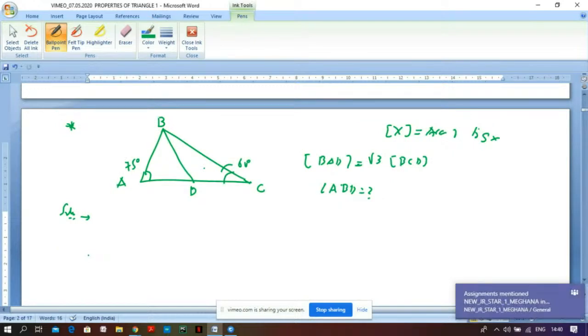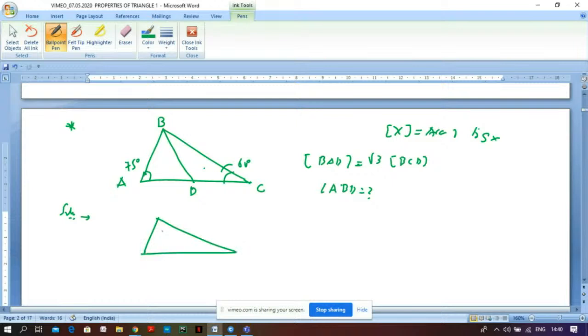One of the first things to note is that the base angles A and C are given, and we also have the ratio of areas. Now you remember from your class 10th or probably 9th geometry that if you have two triangles, BAD and BDC, and you drop the perpendicular H, then the ratio of the areas of BAD and BDC is the ratio of their bases AD and DC.